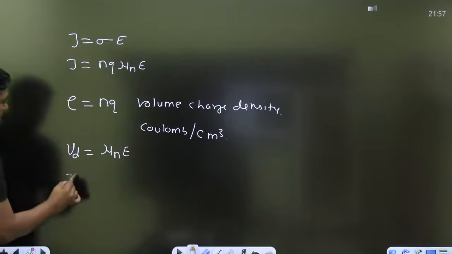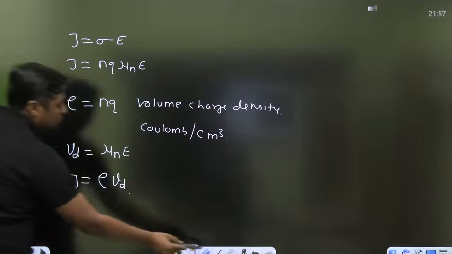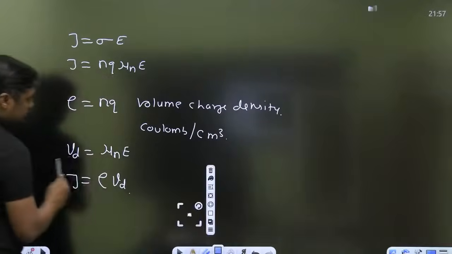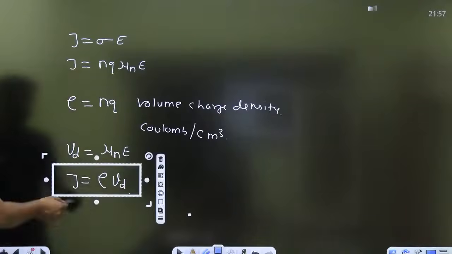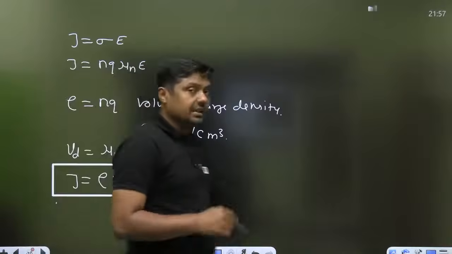And that's why the J is represented by rho Vd. Sometimes direct question on this formula, rho Vd. Okay, that is called drift current density.